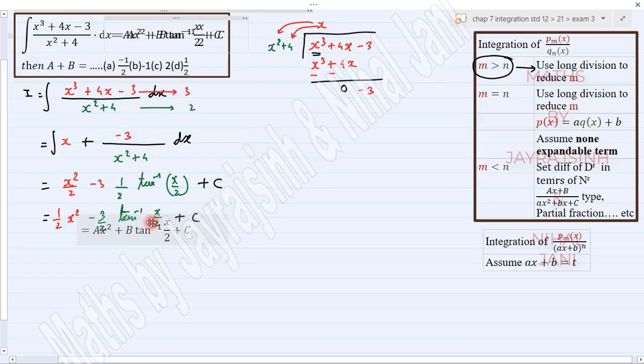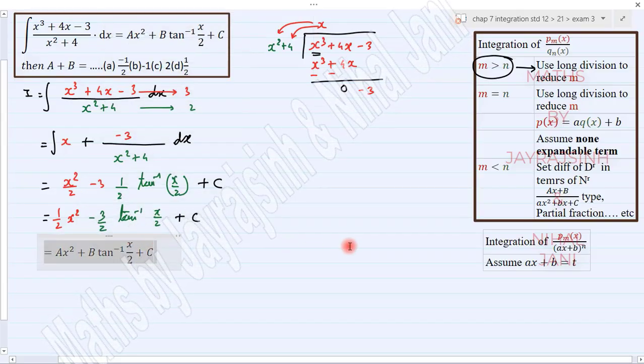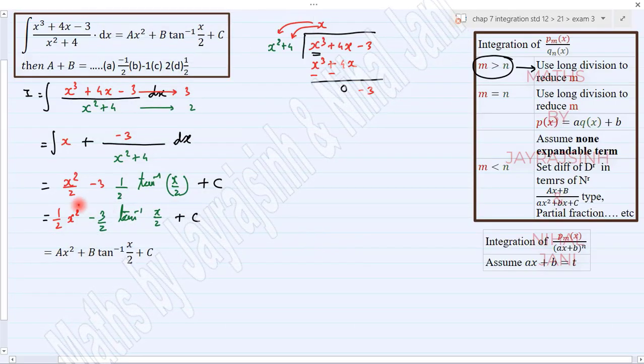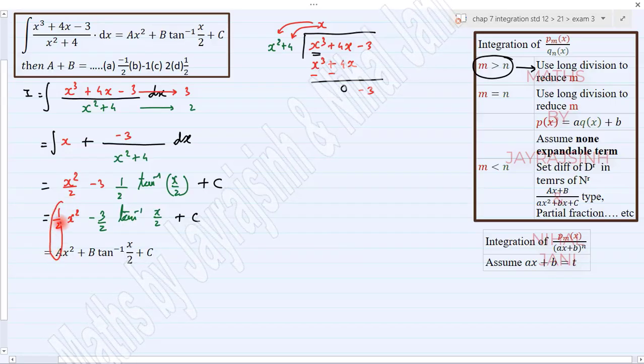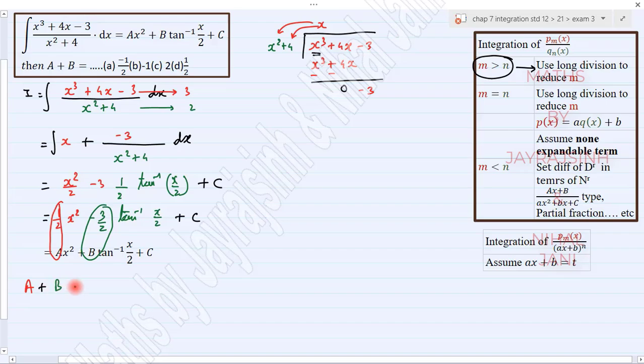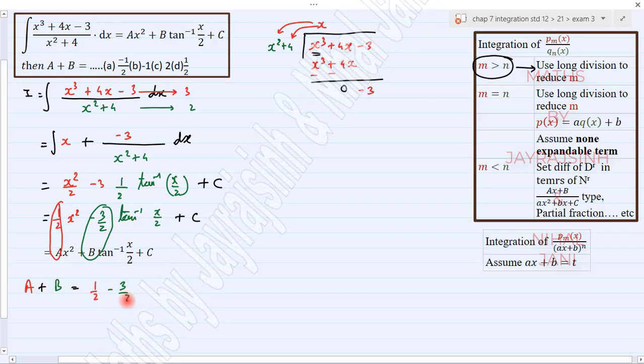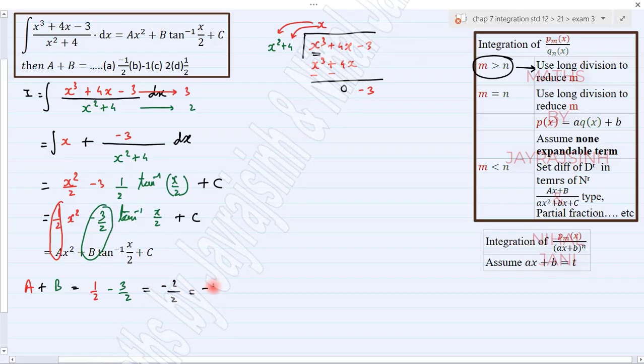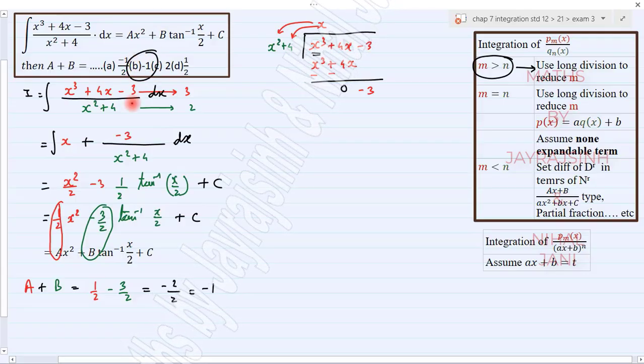If we compare with the given right hand side, we will get a is equal to 1 by 2 and b is equal to minus 3 by 2. So we can say your a plus b is simply the summation of 1 by 2 and minus 3 by 2, which will give us minus 2 by 2, or we can say minus 1, which is your final answer given in option B.